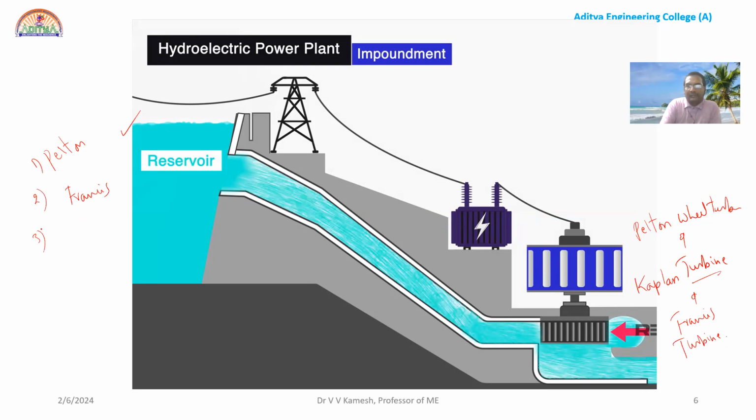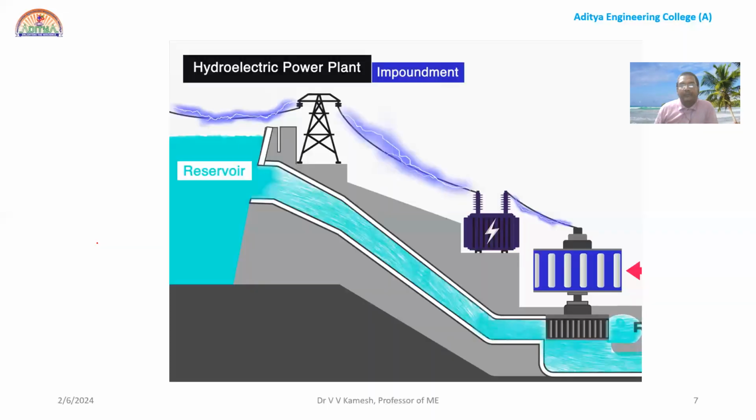If water is at some low level, below 50%, then you can prefer the Kaplan turbine, right? So all the turbines are available at your hand. Depending on the water level, you can prefer Pelton turbine, Francis turbine or Kaplan turbine, right? So this is a very simple skeleton of a hydroelectric power plant so that you can explain well.